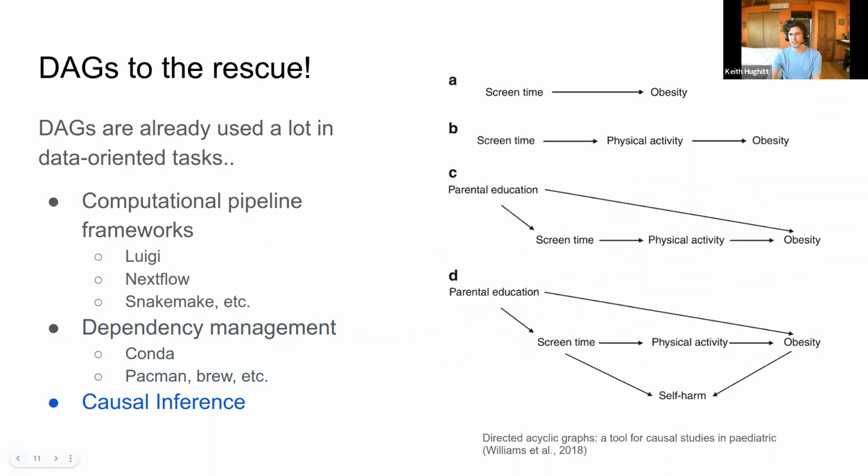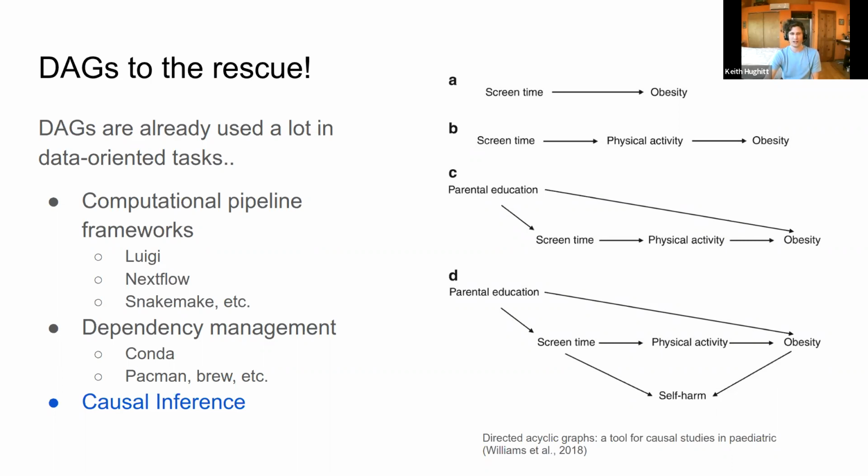The one that's probably excited me the most recently is the use of DAGs in causal inference and causal modeling. Causal modeling is basically an effort to frame problems or think about science models before you even do any statistical modeling: what are all your variables, and how are they related to each other?